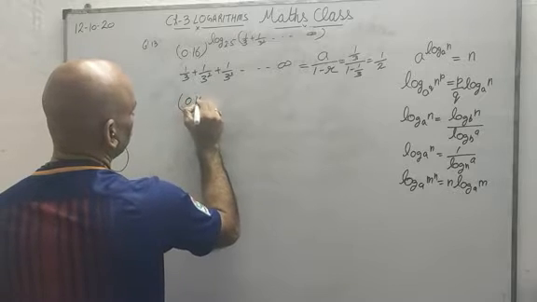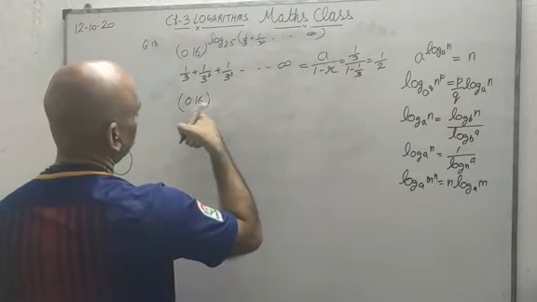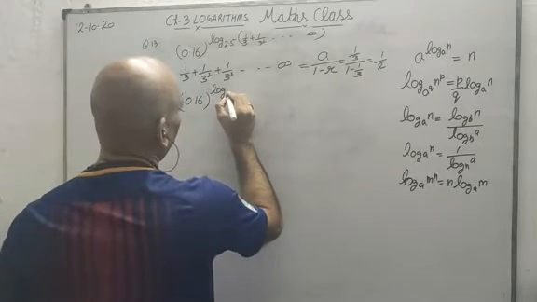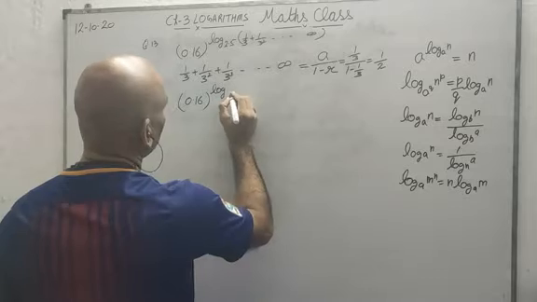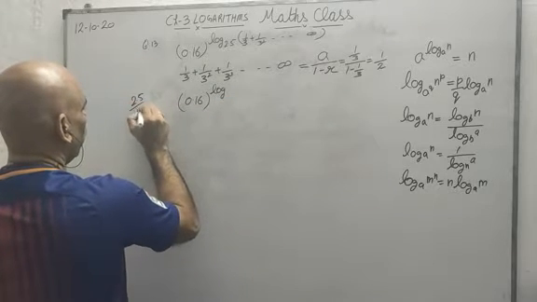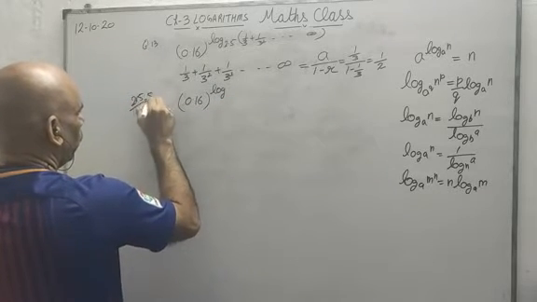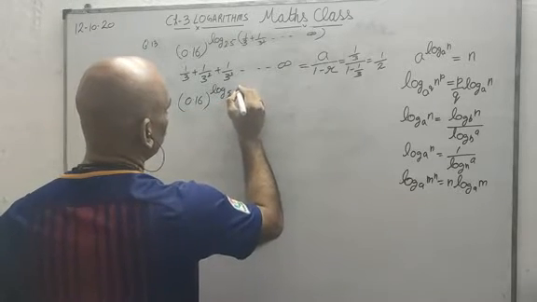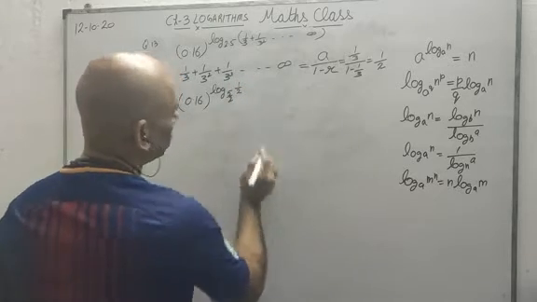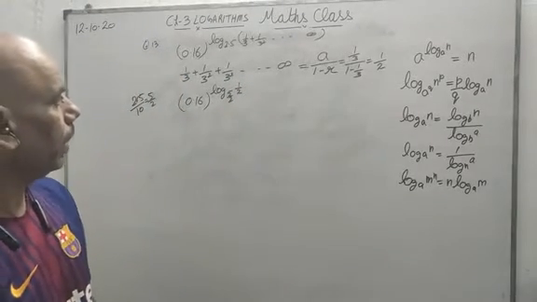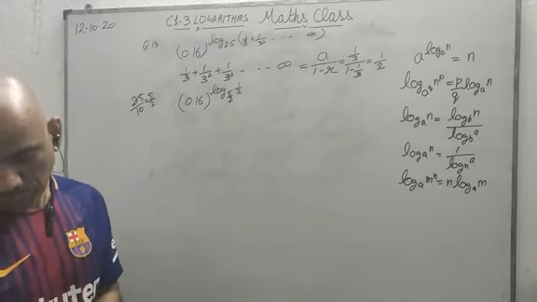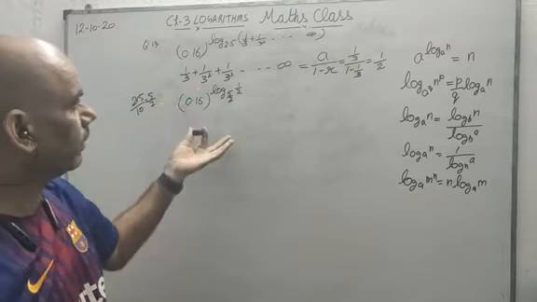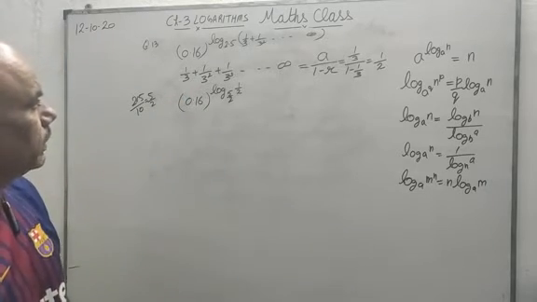Now let me convert this also in decimal. 0.16 is already in decimal, and 2.5 can be written as 5 by 2 when converted from decimal. And I can reverse the order of this.